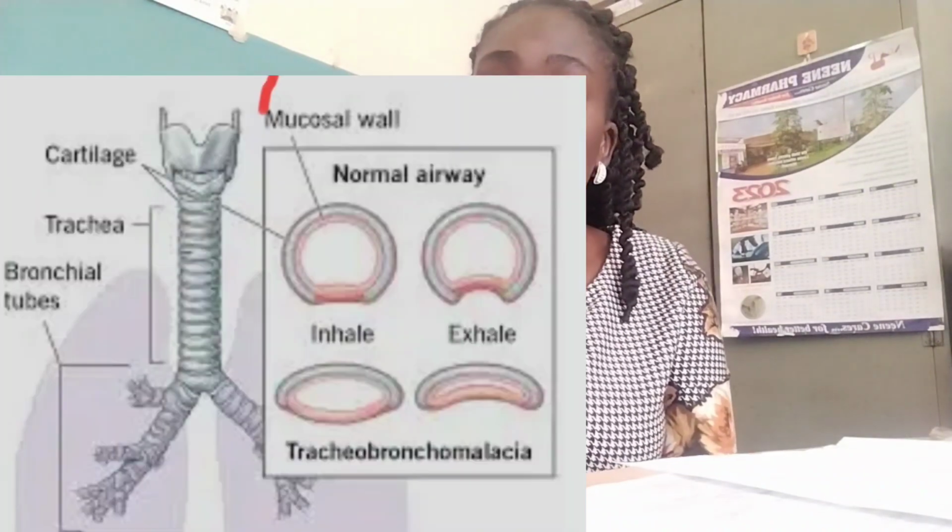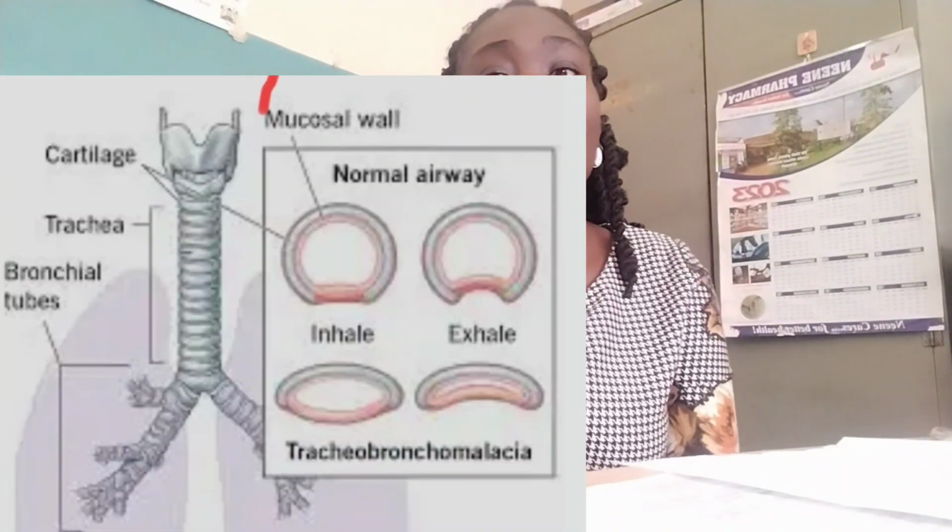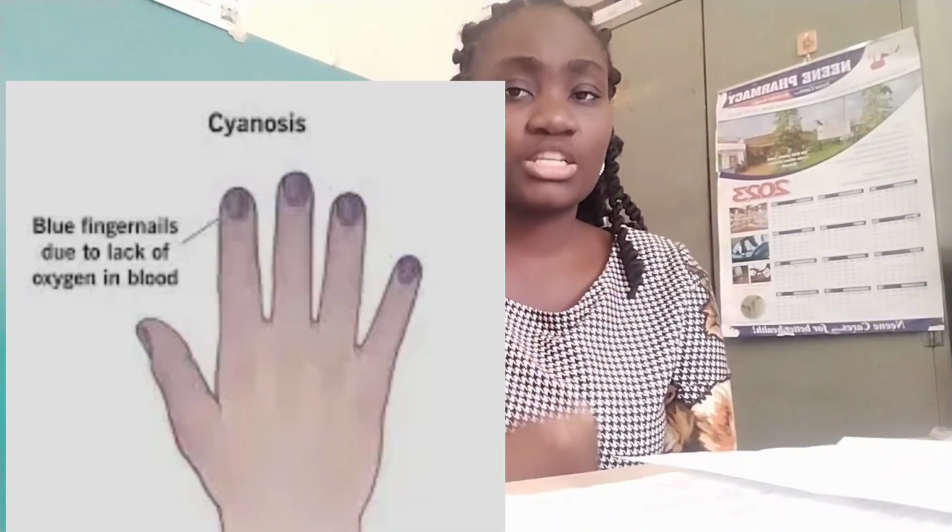This pneumothorax can be diagnosed clinically through tracheal deviation. We have distended neck veins. There is hyperresonance on percussion of the affected side. Sometimes there is even shock, and a later feature can be cyanosis.